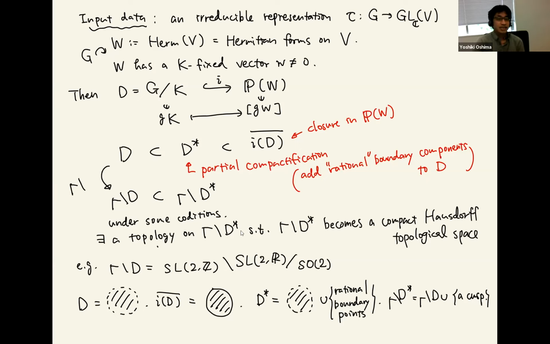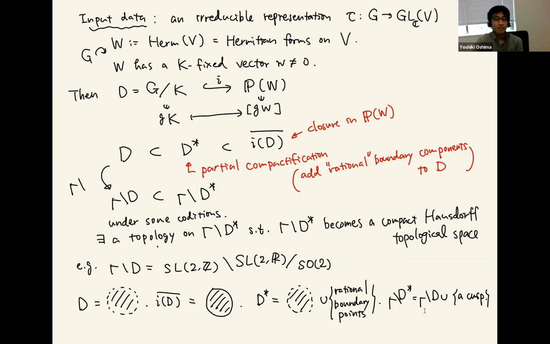And then in that case, for any tau, D bar is the unit disk with boundary, and D star is the union of D with rational boundary points. So it is the union of the open unit disk, and we only add boundary points whose coordinates are rational.